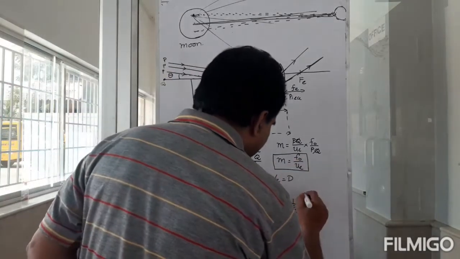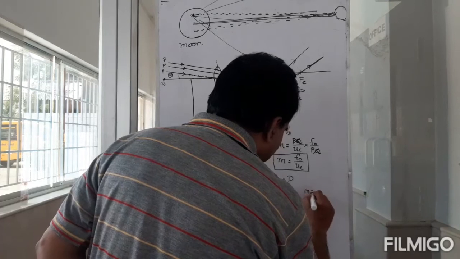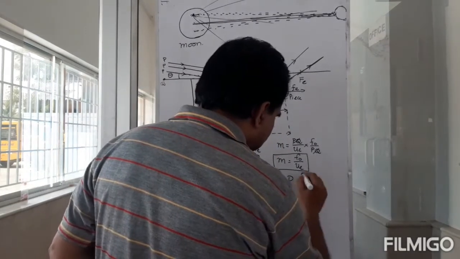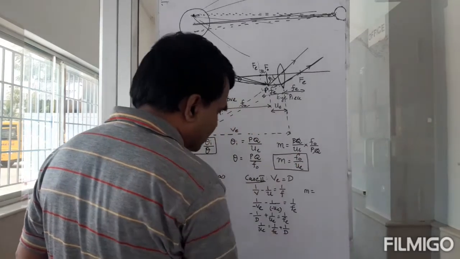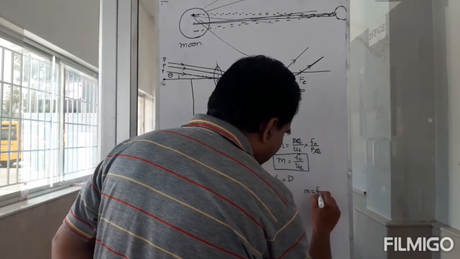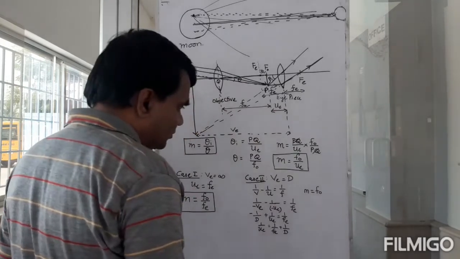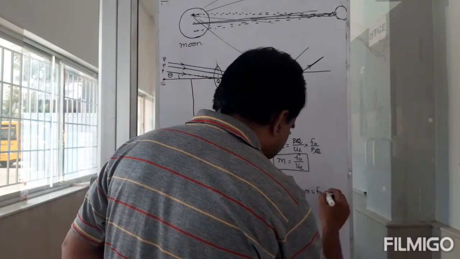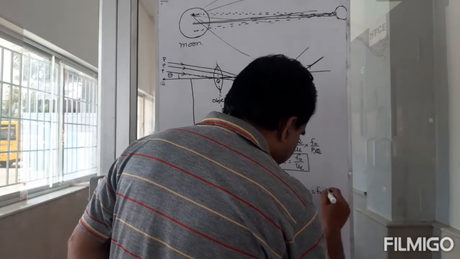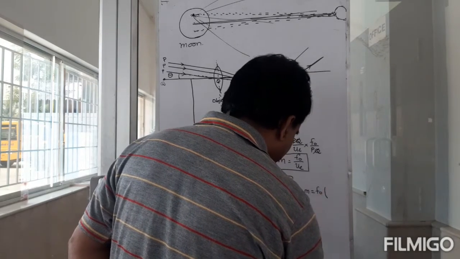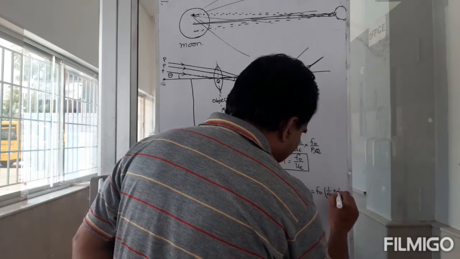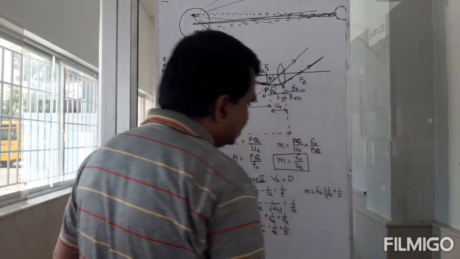The magnification here is equal to F0 into 1 by UE. So 1 by UE is simply 1 by FE plus 1 by D.